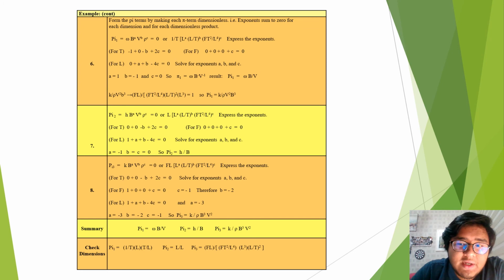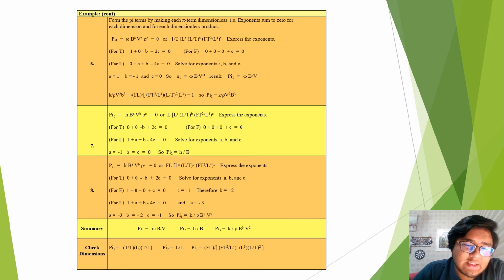So we have to express the exponent for each variable, which is for t, f and l. So after we solve all the exponents a, b and c, we found out that a is equal to -1, b equal to c equal to 0. That's why we can conclude that pi2 is equal to h over b.